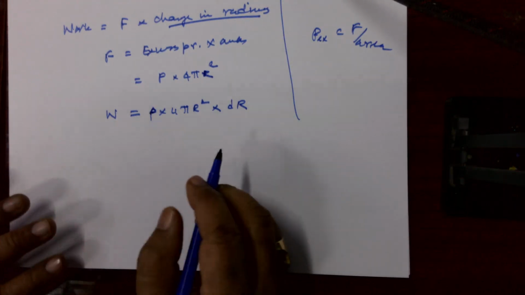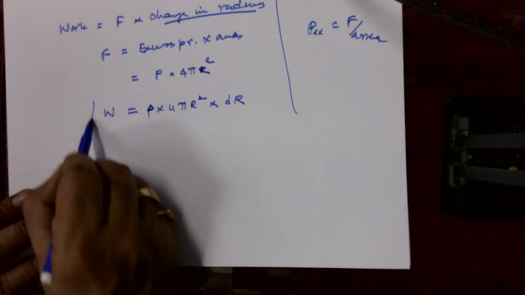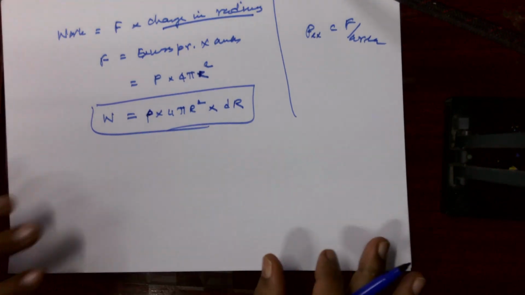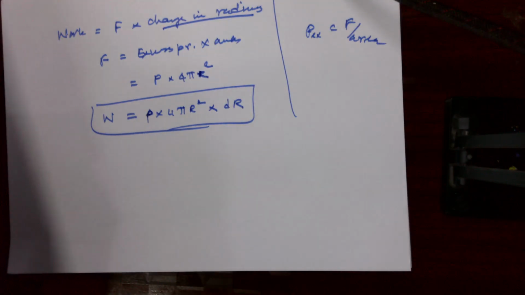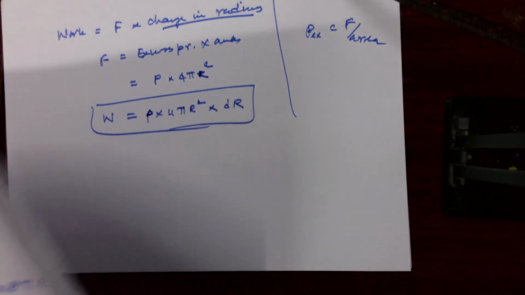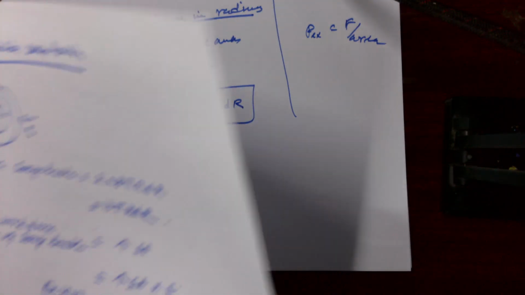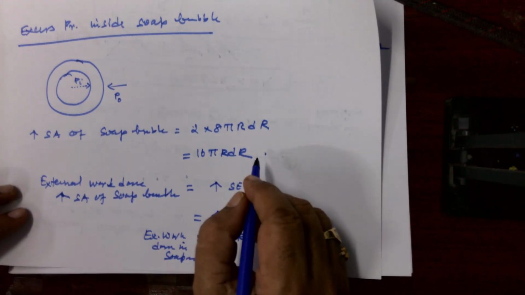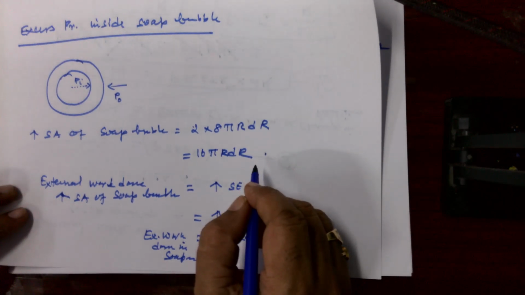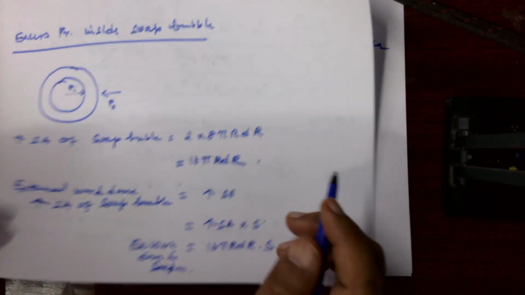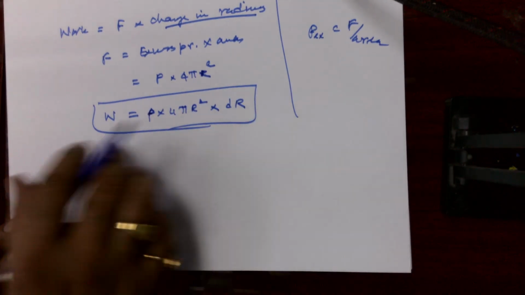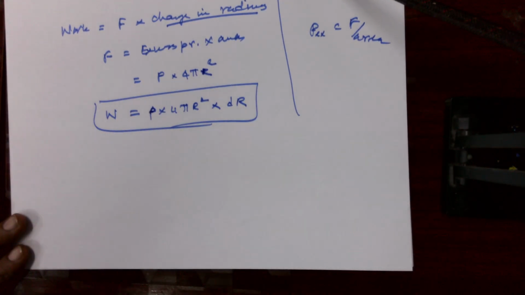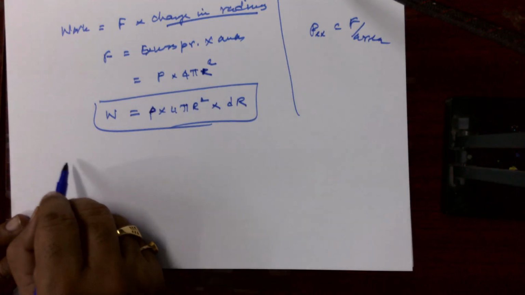Got it? Now we have two equations. In the previous one, we have equation 1, that is 16 pi r dr into S. Let us compare these two. The LHS are equal, so the RHS must be equal.